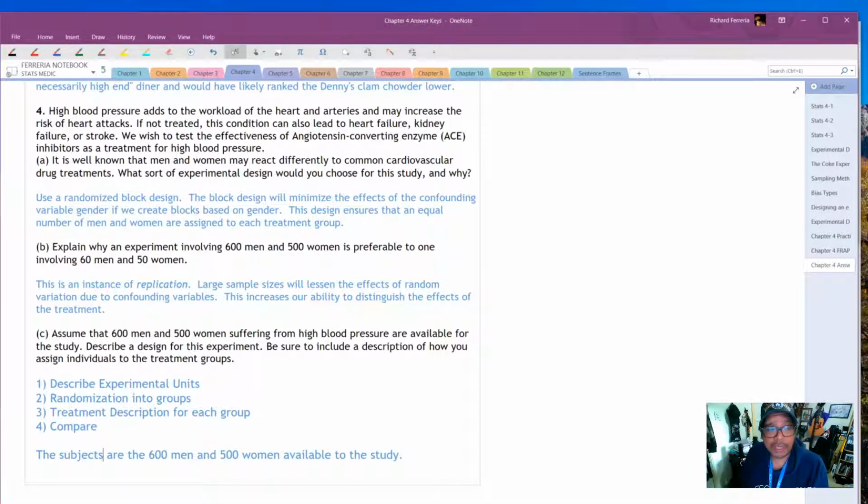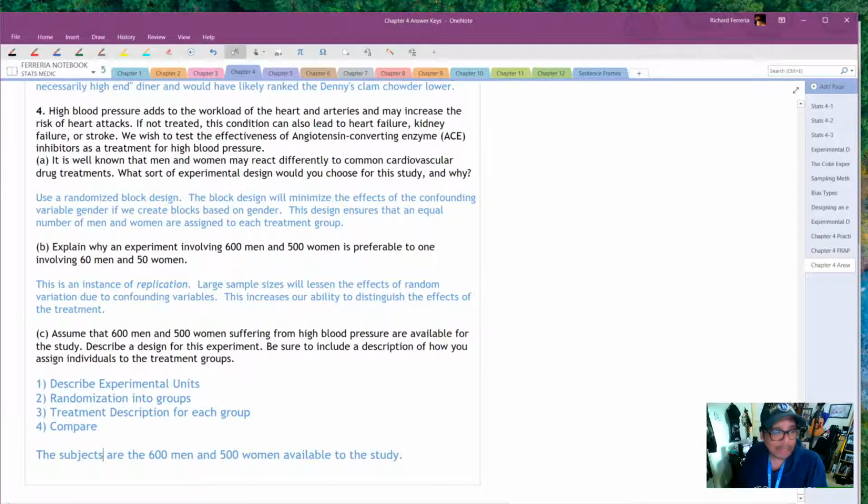You're not supposed to say, well, there are 600 men, but I want to get 1,000 men, so I'm going to find 400 more men. That's just making your life too difficult. This is an academic class, and you want to stick to the way the question is written, pretty much at all times, unless there's some glaring mistake.